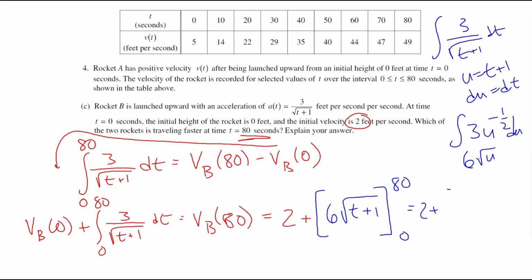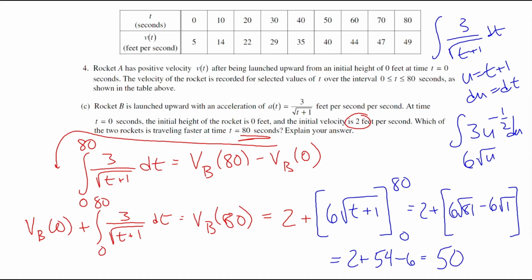So we've got 2 plus 6 root 81 minus 6 root 1, which gives us 2 plus, well, square root of 81 is 9. 6 times 9 is 54. So we got 2 plus 54 minus 6, which comes out to be 50.